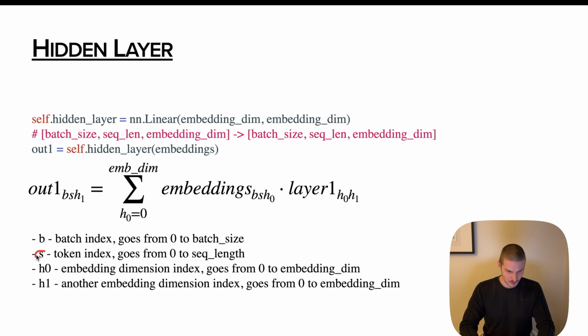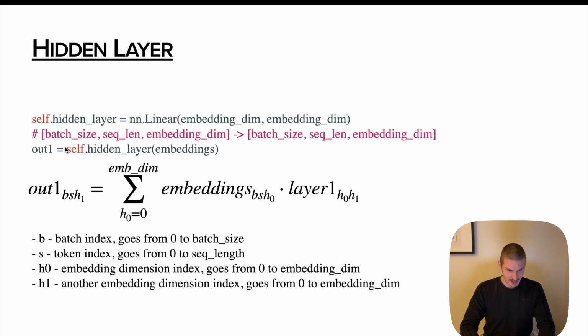We have S, which is the index of the element in a sequence, and it goes from 0 to sequence length. And then we have 2 H indices, H0 and H1, which both go from 0 to embedding dimension, and we have 2 different of them because of this square matrix. So the same embedding dimension is represented twice, once in the input, once in the output.